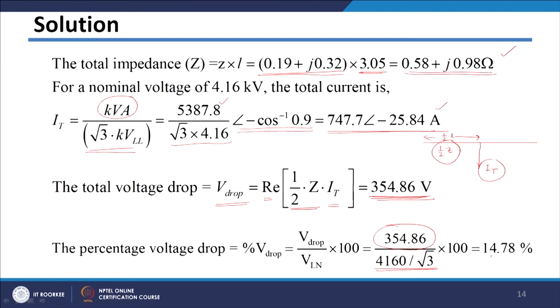If you calculate it, the percentage voltage drop if you are using 4.16 kV is 14.78%, and we have seen that our limit is actually plus minus 3%. So, you can see that if you are using 4.16 kV as a nominal voltage and you are applying this load here, your actual voltage drop till end is 14.78%, which is violating the limit of plus minus 3%.